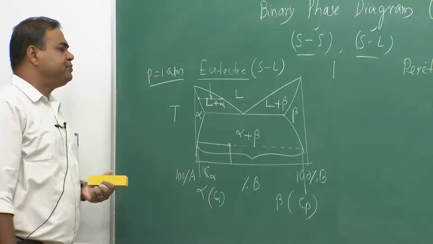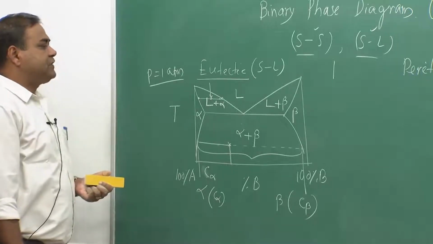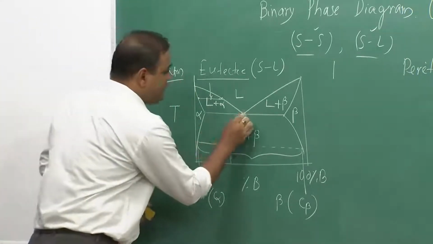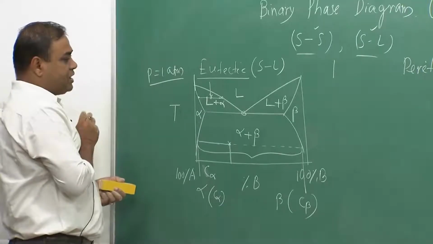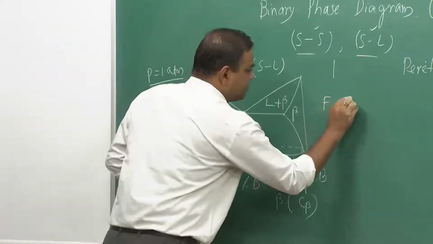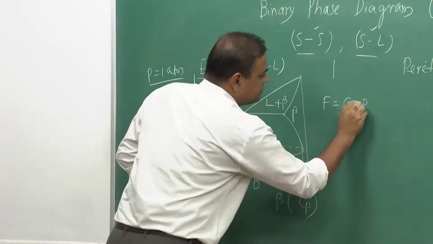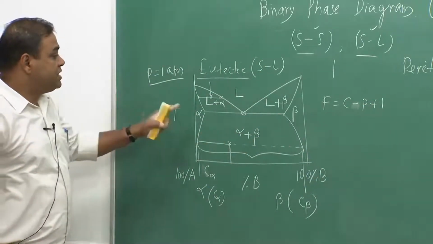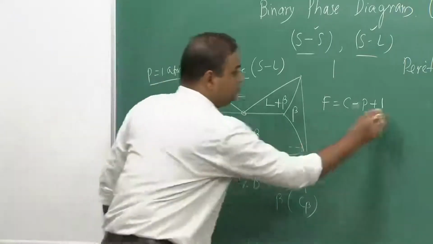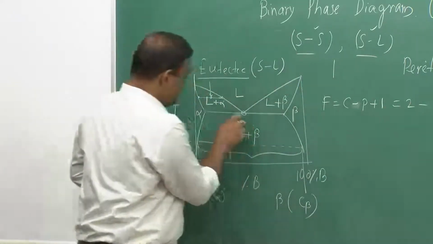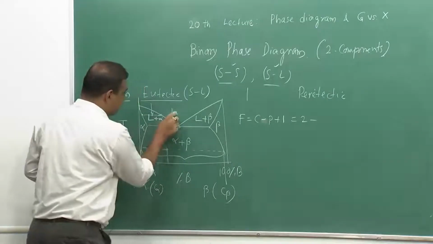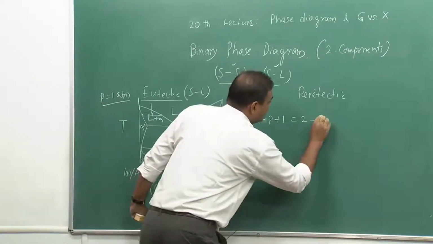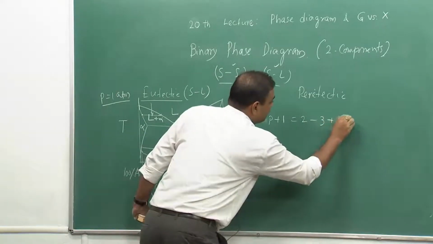Now, if I try to find out what would be the degrees of freedom at different points, okay. So, degrees of freedom at this point: F equal to C minus P plus 1, because pressure we have kept at 1 atmosphere. So, the components again 2, minus the phases: there is liquid, alpha and beta, these are the three phases, plus 1, equal to 0.